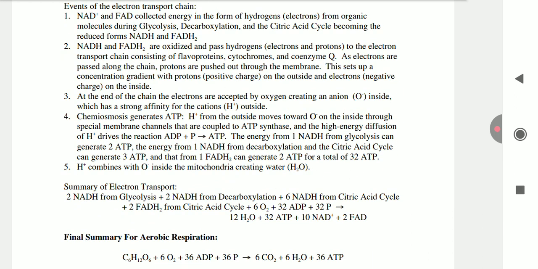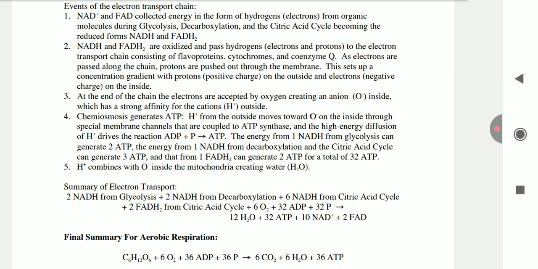Second, NADH and FADH2 are oxidized and pass hydrogen to the electron transport chain, which consists of flavoprotein, cytochromes and coenzyme Q. As electrons are passed along the chain, protons are pushed out through the membrane. This sets up a concentration gradient with protons on the outside and electrons on the inside. At the end of the chain, the electron is accepted by oxygen, creating an ion inside, which has a strong affinity for the cation outside.